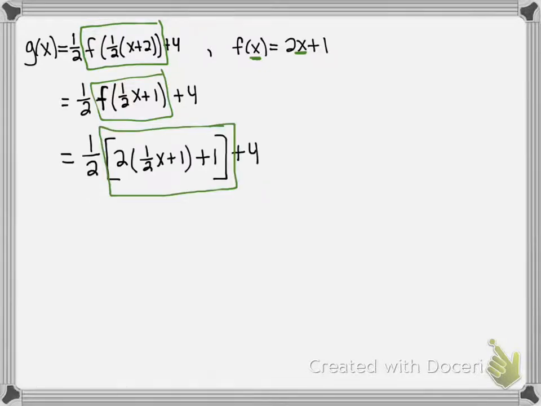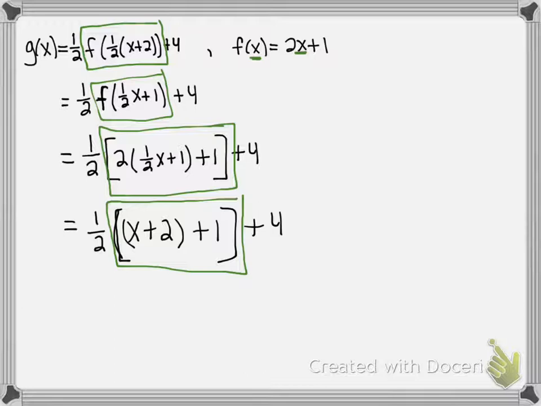Okay, so once I've plugged in my f of 1/2 x plus 1, which I have boxed in green, I just took 2 times that 1/2 x plus 1 and then added 1 as f tells you to do with inputs. And then inside of those brackets now, I'm going to have to simplify, so I'll distribute that positive 2.